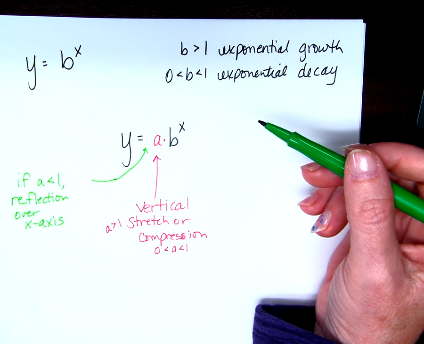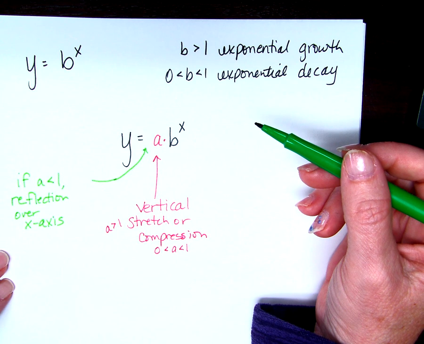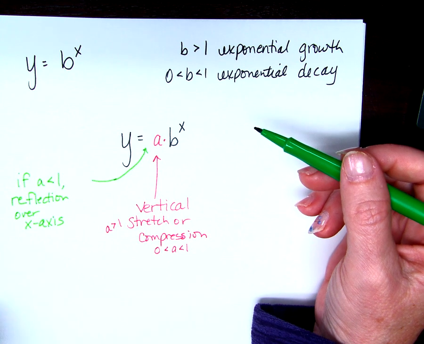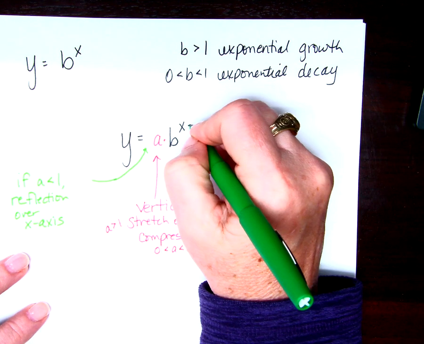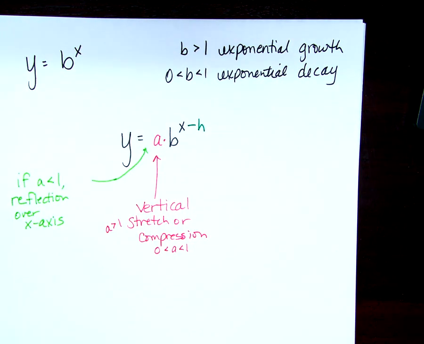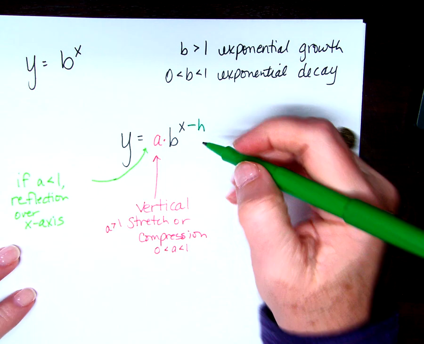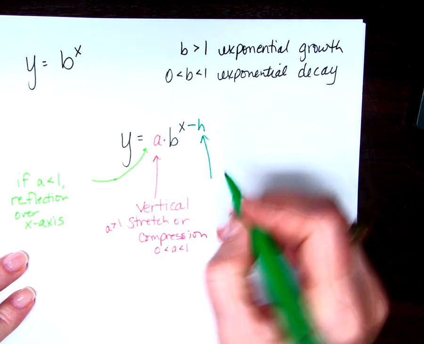And what causes a shift? Addition or subtraction, okay? Do you want to talk about the addition or subtraction inside the function first or outside the function first? Inside, okay? So that's going to be here, x minus h. So that is inside the function.